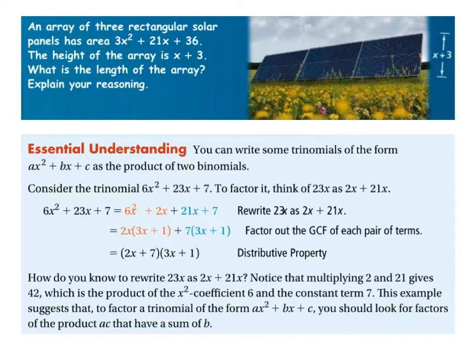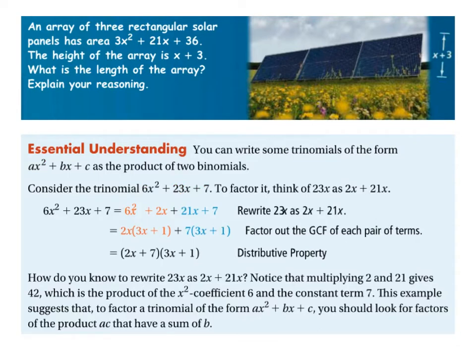So consider this. This 23x can really be written as 2x plus 21x, since those two go together to make 23x. Don't worry about how you know exactly how to split it apart; we'll get to that in a second.